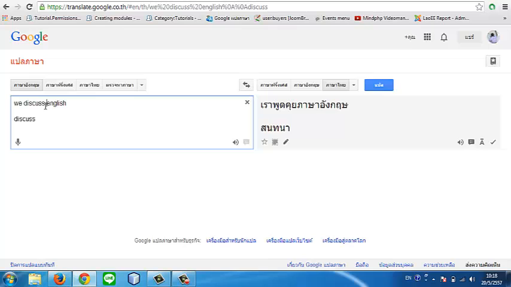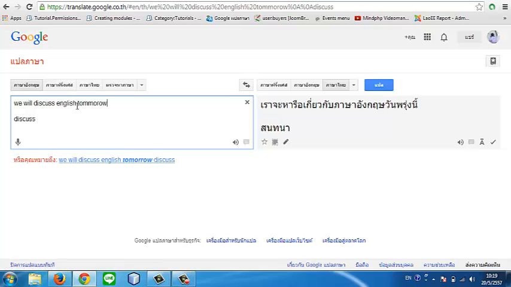When we say present tense, it is happening now but not continuous, not continuing the actions. When we say future, like we will discuss English tomorrow, we will only add this one. We will discuss English tomorrow. Or we can also make it future continuous, like we will be discussing English tomorrow.